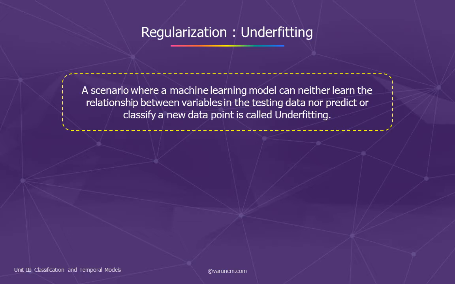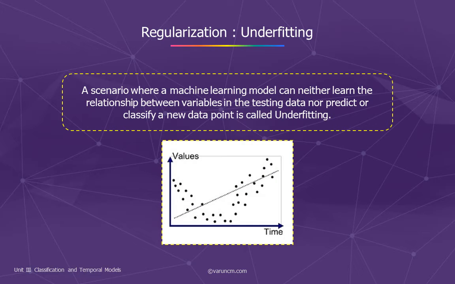So this scenario we call underfitting. You could see in this particular curve that the line which defines this slope is not matching with most of the points. The residual length between the point and the slope is high for many of the points. So this scenario we call underfitting. Hope this overfitting and underfitting is clear to you.